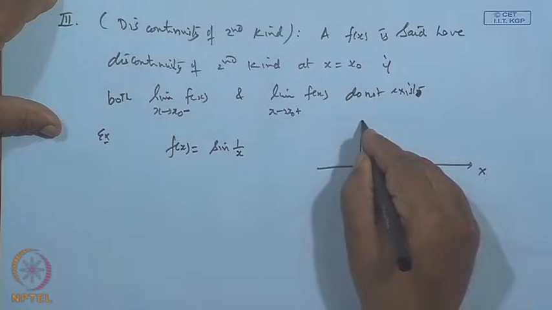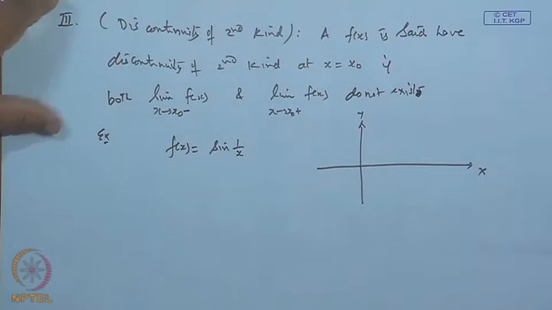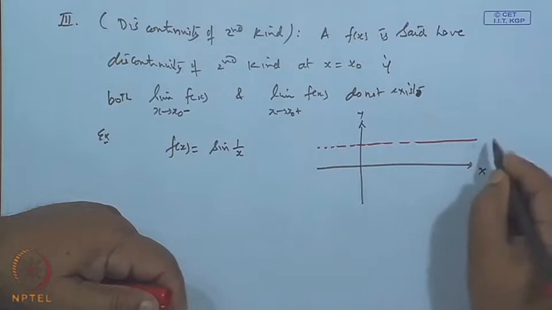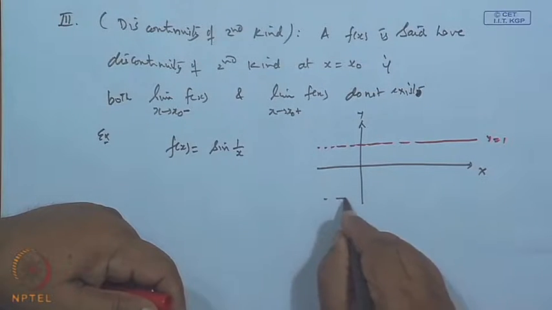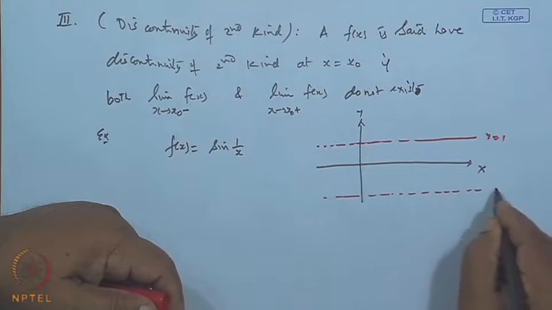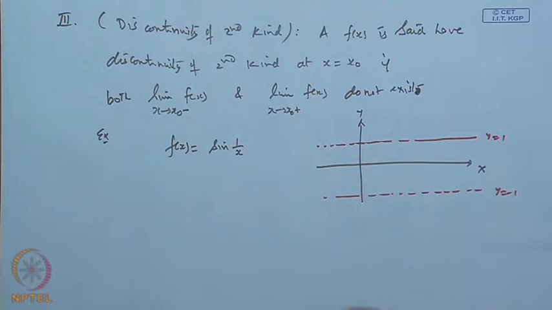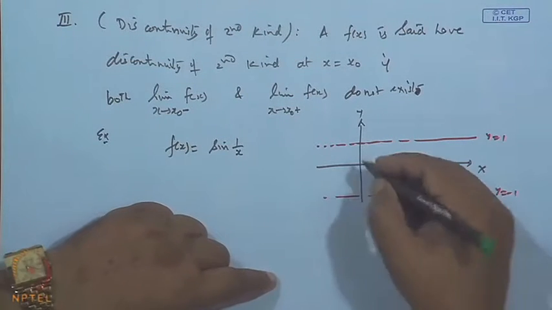Here x is the horizontal axis, this is y, and I am marking y equal to 1 and y equal to minus 1. The graph of this function will look something like this.